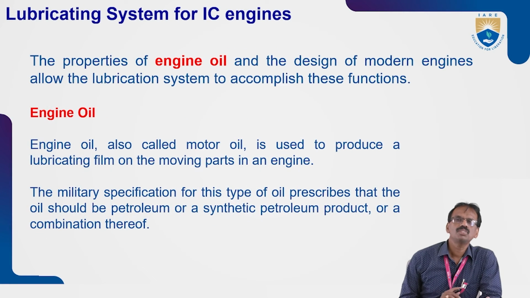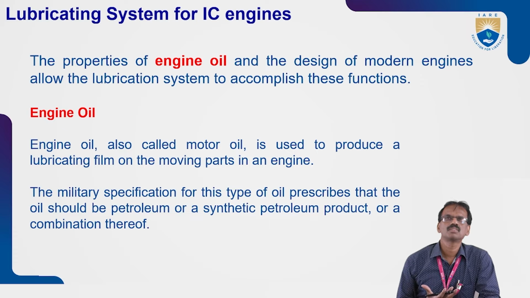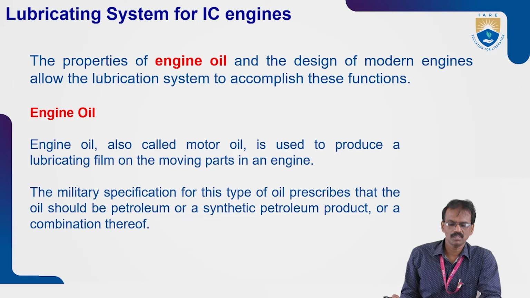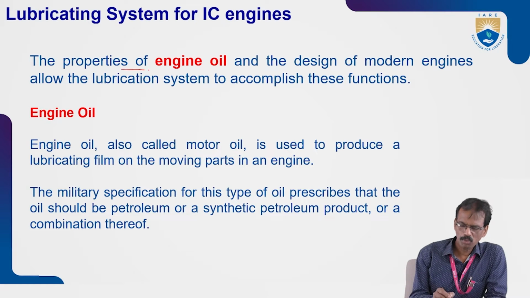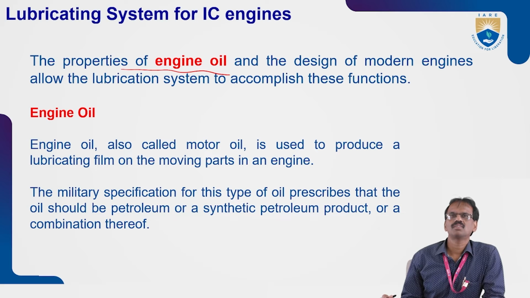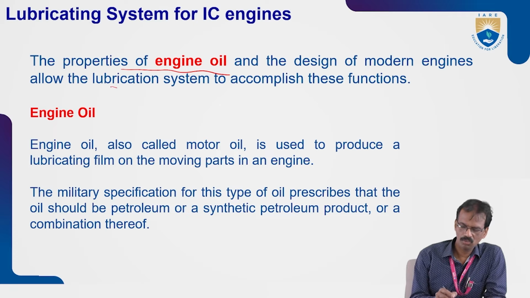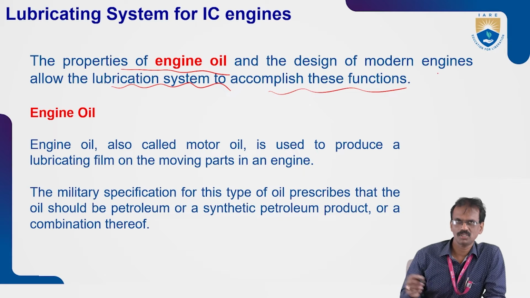Okay. Now we'll see what type of oils will be used for the lubrication system, or lubricating. So we'll see the properties of engine oil. You know that in engines we use engine oils. The design of modern engines allows the lubrication system to accomplish these functions.